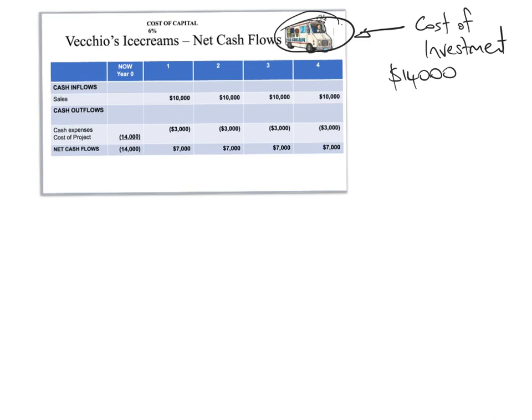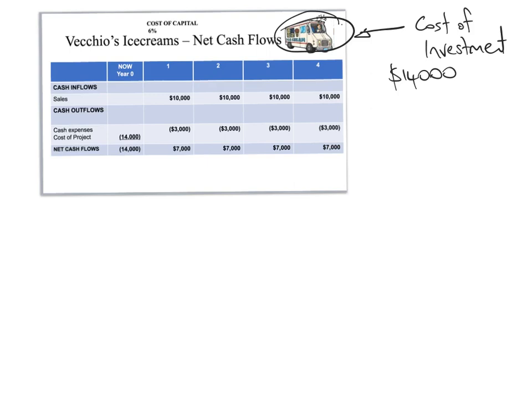When we evaluate the payback period, we deal with cash flows only. So we're not using accrual accounting here, but we're using cash flows because it gives us greater meaning, and you'll see that in a moment. If you have a look at the table here, you'll notice I've looked at the cash inflows. So the expected sales are 10,000, 10,000, 10,000 per year.